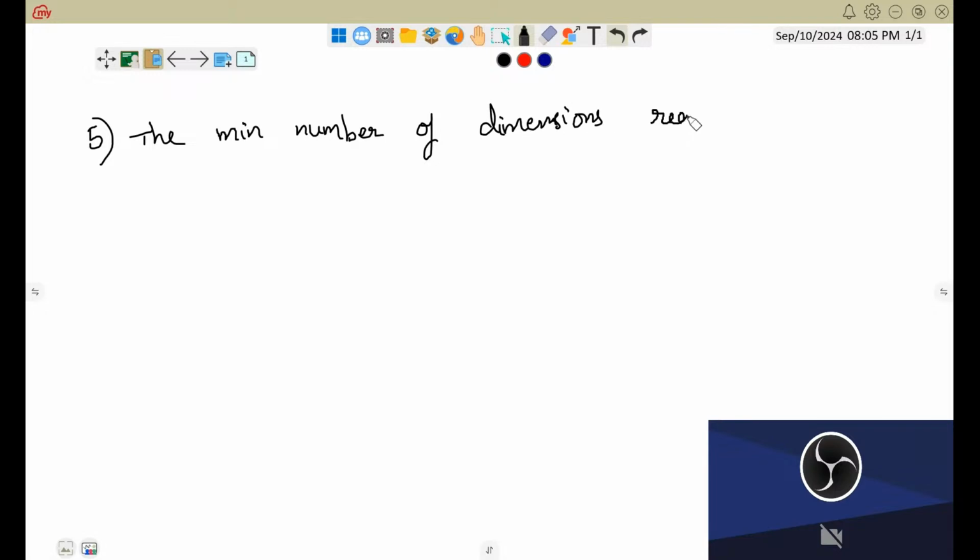Dimensions required to construct a rectangle. Medansh, you know what a rectangle looks like? What does a rectangle have?